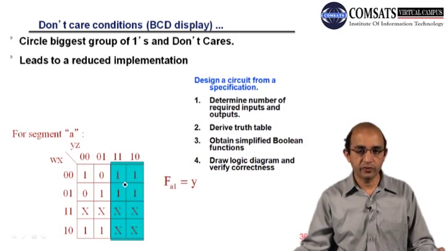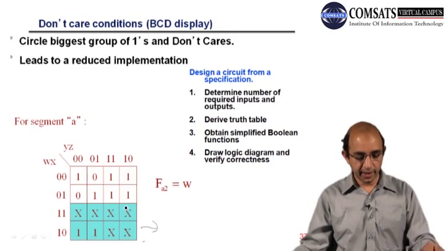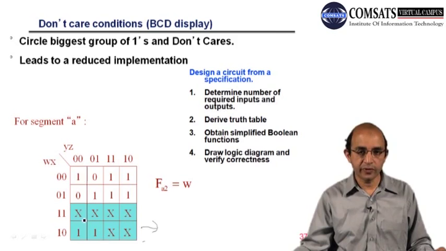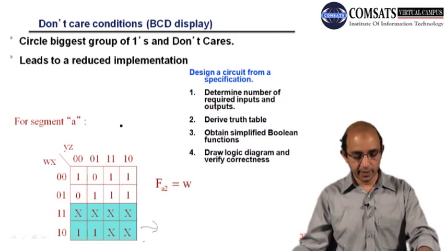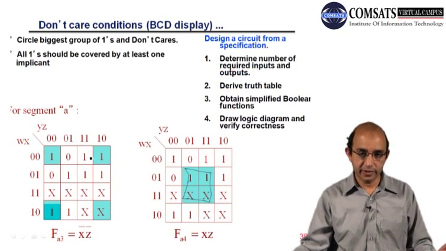We will first look for quads. This is the first quad, so we have Y. Then again, due to those don't care conditions, we have another quad, which uses ones along with don't care conditions. We have another quad, and then if we bend horizontally and then again bend vertically, we will have that square.